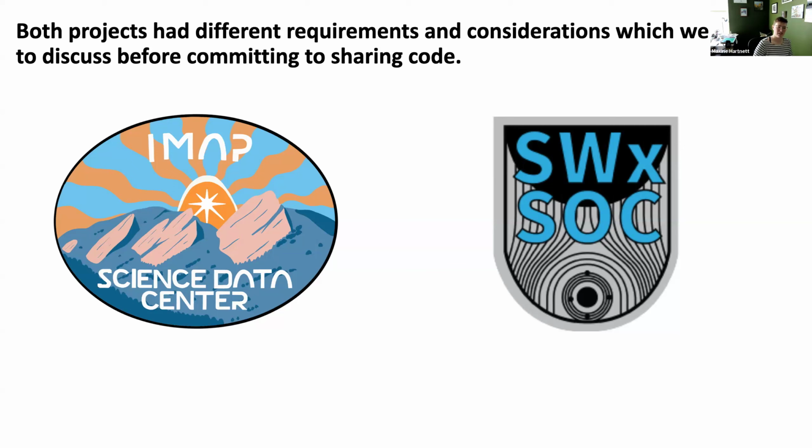So when I reached out to Andrew and said, hey, you have this piece of code embedded in your repository that I'm interested in using, we had to talk about where that would live, who would have responsibilities over it, who would have admin privileges, and what kind of tools we'd use on the repositories. But since both projects were totally open source, it was a lot easier than I was expecting.